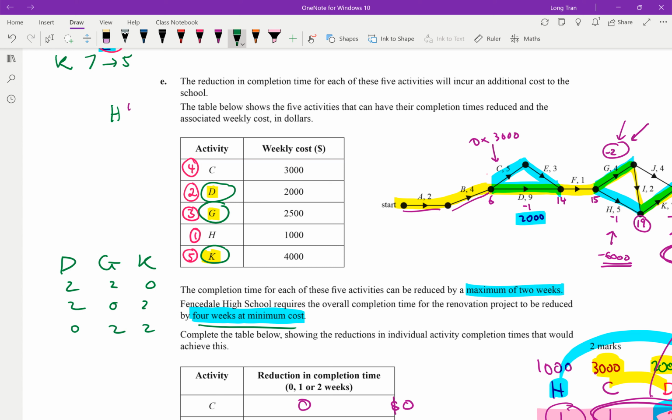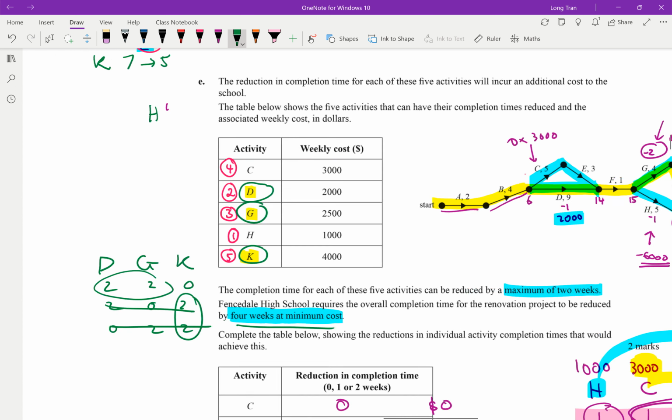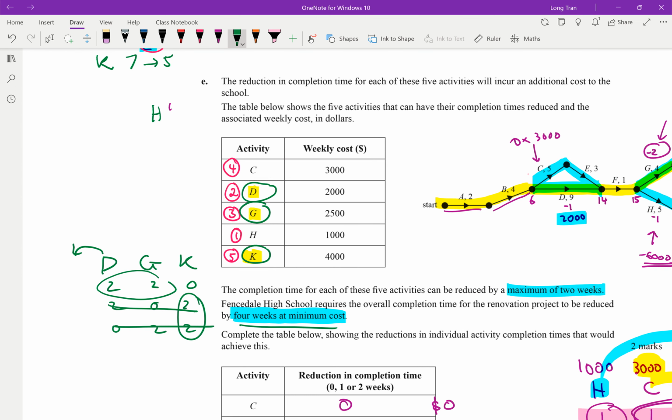And we know that this was the most costly, so we can already eliminate those 2. And then when we looked at this, we had to look at, are there any caveats? We knew that D was linked to C when you reduce it by 2, and if you reduce this by 2, it actually added an extra cost of both. So it turns out, whilst this was cheaper, it actually wasn't the cheapest. And you do have to include K. Even though K was 4,000, it works out that a balance of them all was the best.